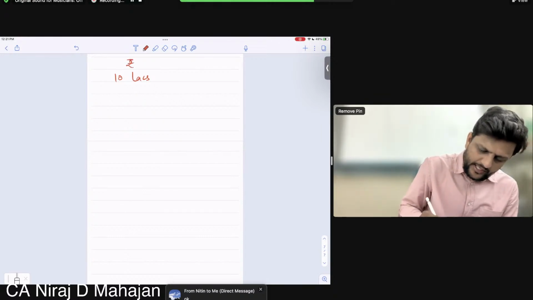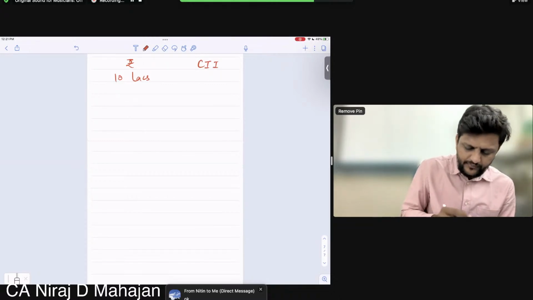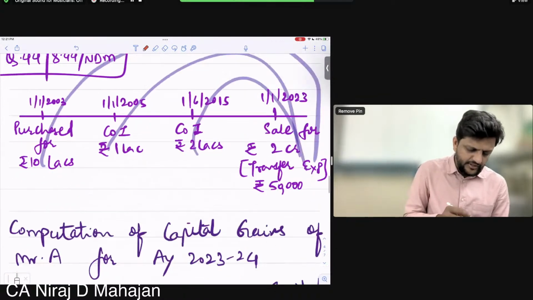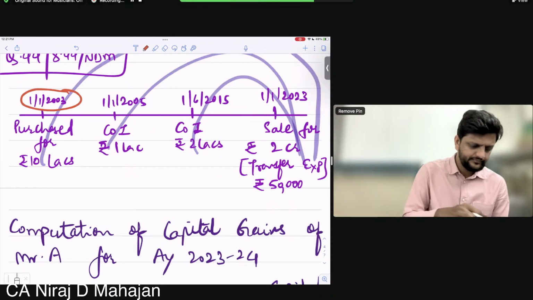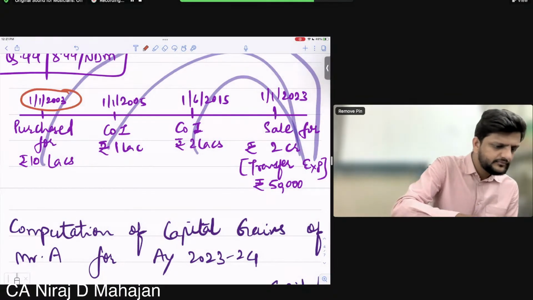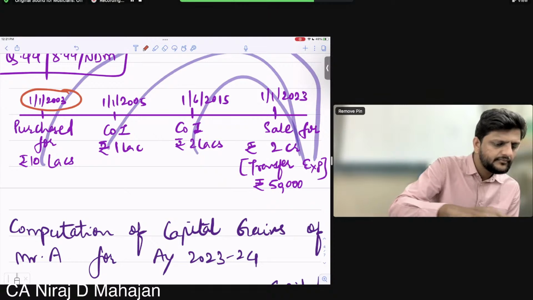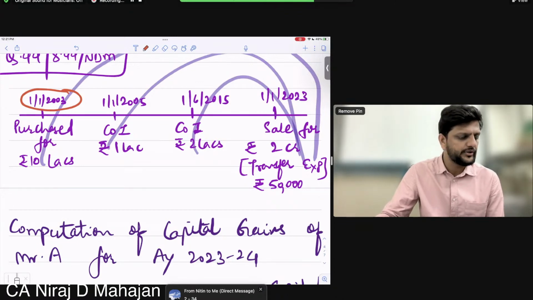This is rupees. And I'm writing a CII. CII, pay attention, okay. Which is this financial year? This is 22-23, correct?